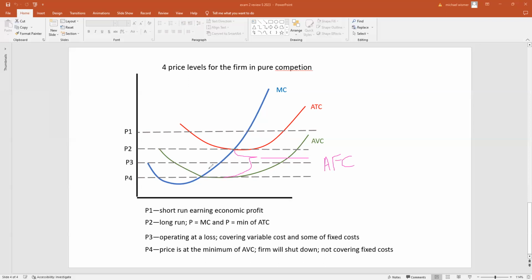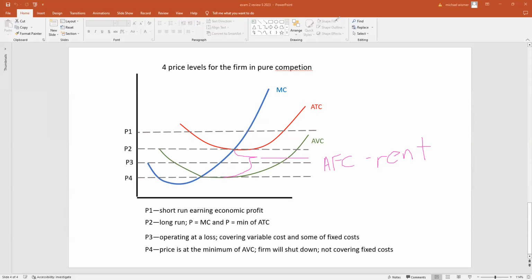And as long as price is covering some portion of their average fixed costs, which typically we might identify as rent, as long as they can pay the rent, they may be able to keep the doors open because they're able to pay their variable costs. But as soon as they are no longer able to cover their fixed costs at all, which means that all they're able to cover is their average variable cost, there's an important idea here.